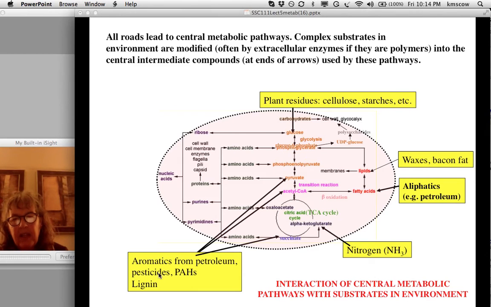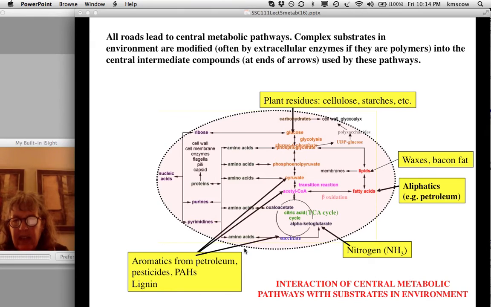They could be some of the pesticides out there in the world, a lot of which have aromatic compounds in them, or they could be lignin, which is really important in plants, especially shrubs and trees, right?